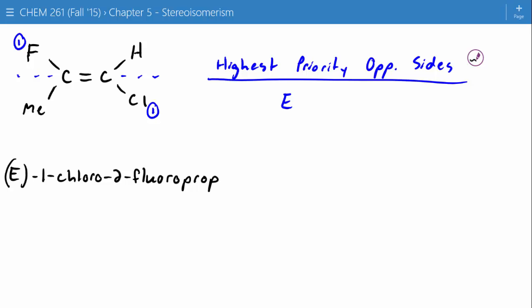Because it's a 3-carbon chain. And then to designate the double bond, we would normally have some sort of numerical operator in there, but we can actually just say propene because it's implied that it has to be on one of those 2 double bonds. We'll go into alkene nomenclature in much more detail when we hit that chapter, so don't worry too much about this right now.